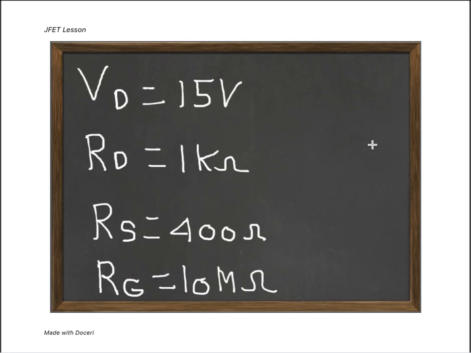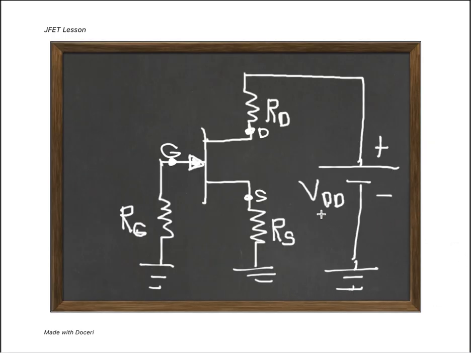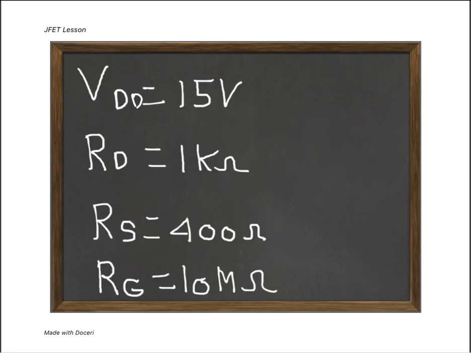And this should be VDD. It's 15 volts. RD is 1K. RS is 410 megohms. So this would be, and I encourage you to write this down. Everything right? Yeah, okay.